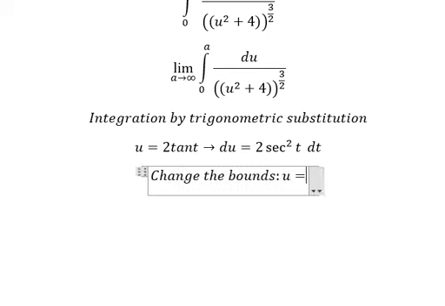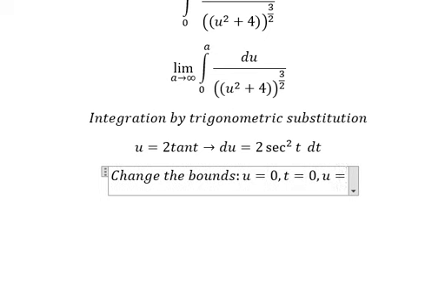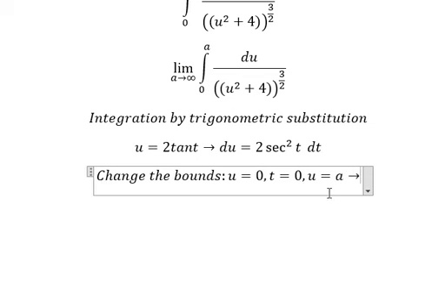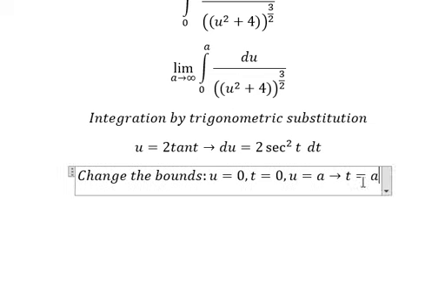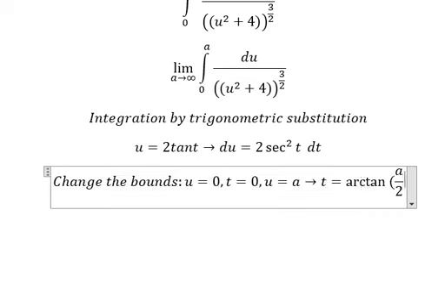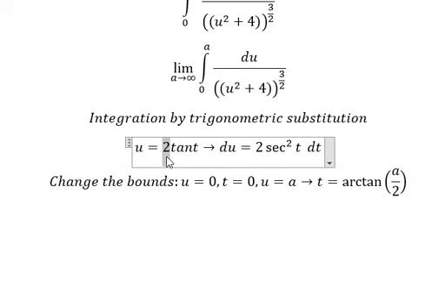When u equals 0, t equals 0. When u equals b, so t equals arctan of b over 2. So the first thing, we need to divide both sides by 2, so we have u over 2.